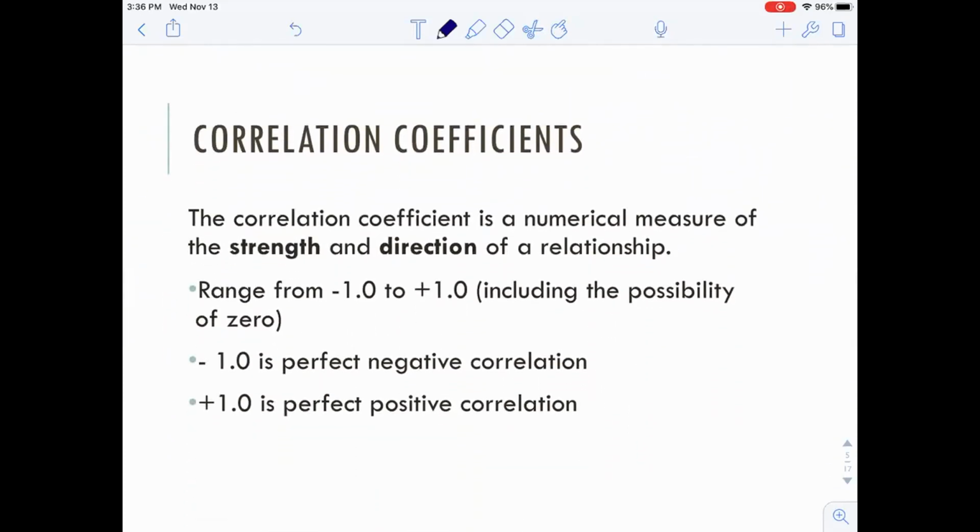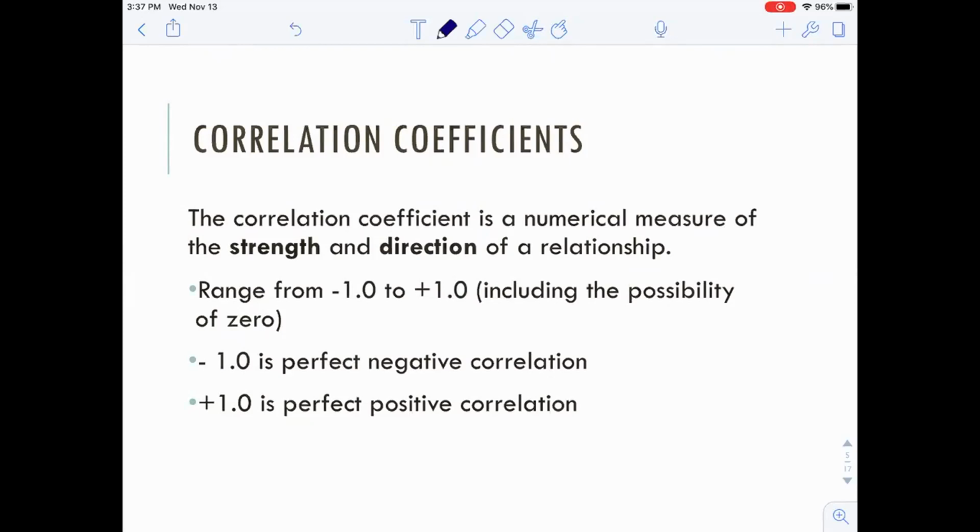So the correlation coefficient, we said, is a numerical measure of the strength and the direction of a relationship. It's going to range from -1 to +1, okay? And it can be 0. 0 correlation would mean there's no relationship.